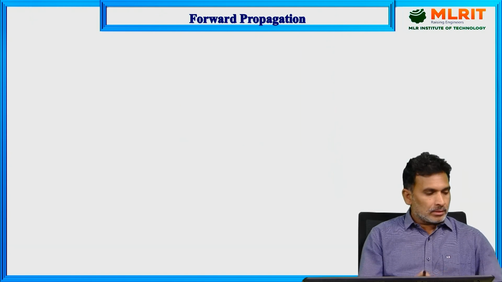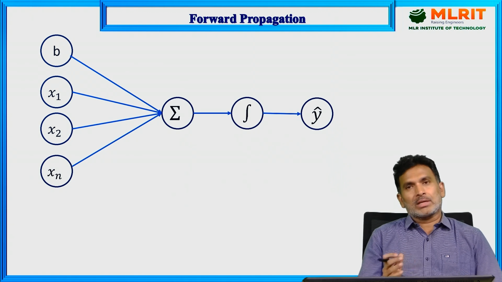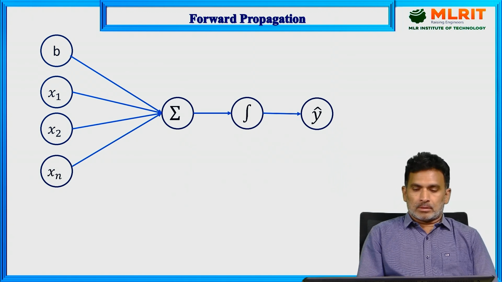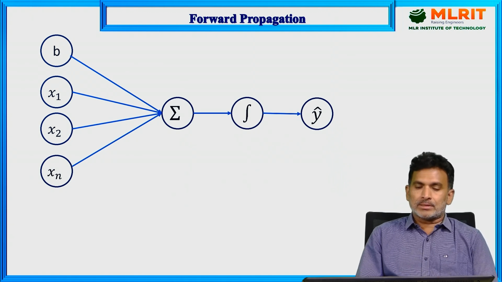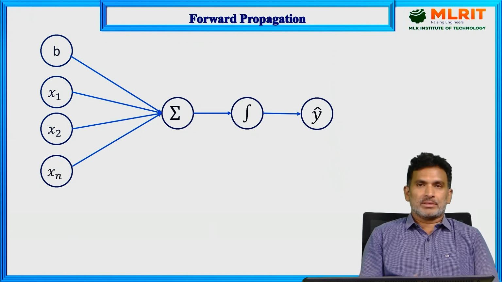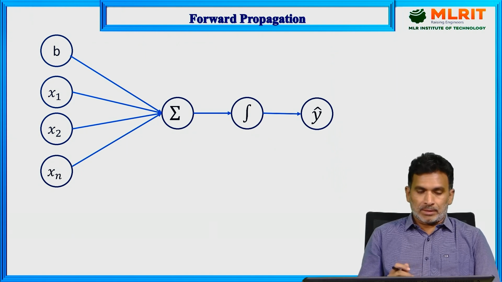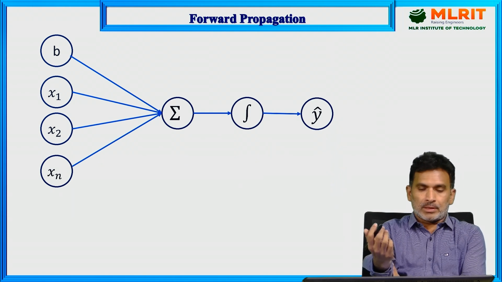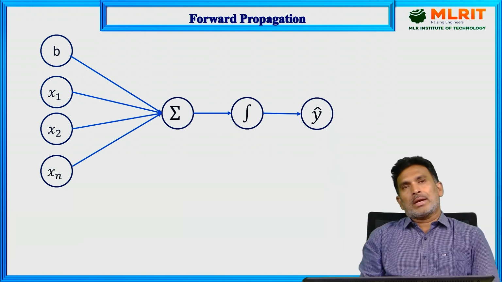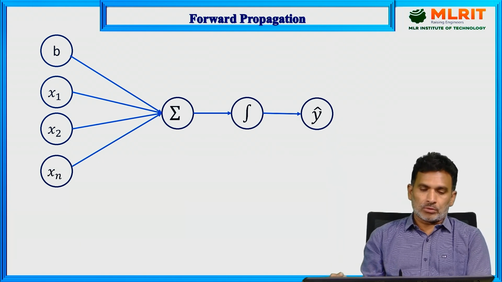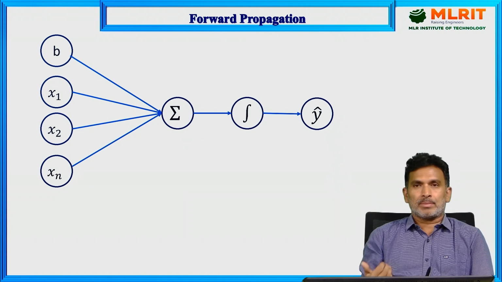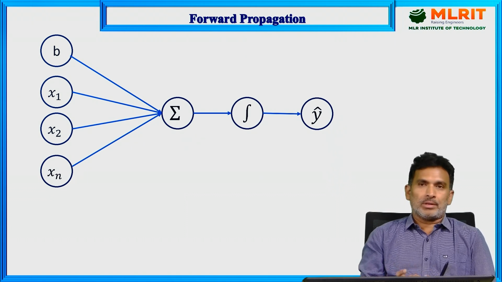So let us quickly go back to this. This is the basic building block of an artificial neural network, that is the perceptron, that we discussed in the previous lectures. To understand the subsequent concepts and some mathematics, we need to recall this.